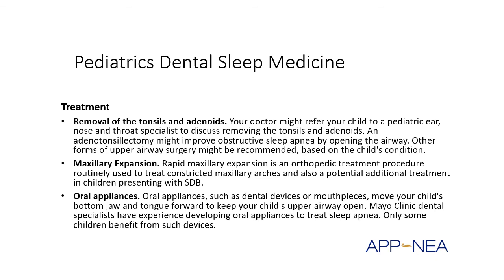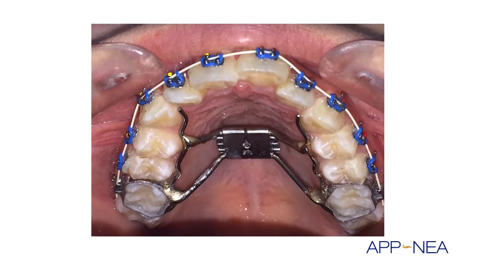And oral appliances are preferable, but the issue with oral appliances is that with developing occlusion, with developing jaws, oral appliances can actually retard the growth, the skull growth in some children. And rapid maxillary expansion is an orthopedic treatment procedure routinely used to treat constricted maxillary arches, and also a potential additional treatment in children presenting with sleep disorder breathing.